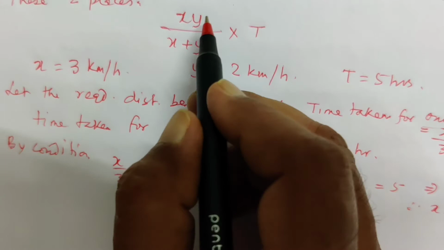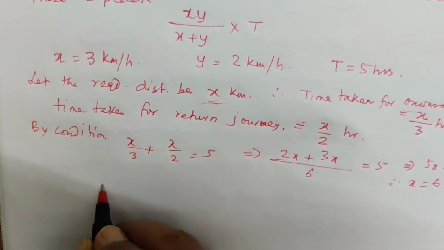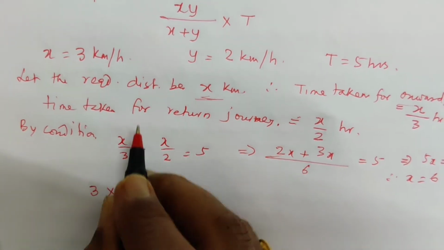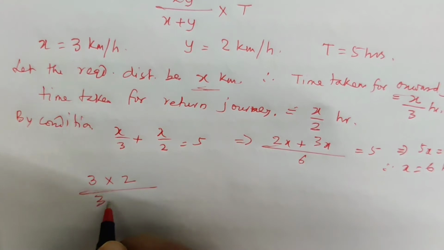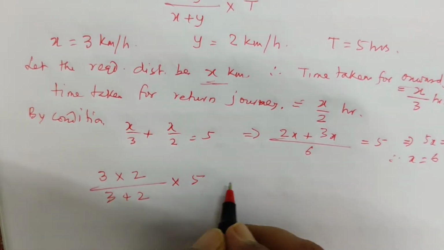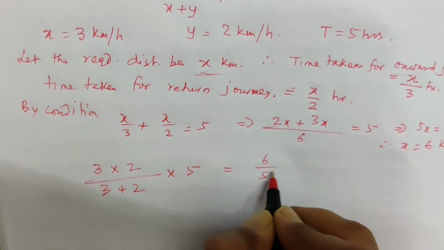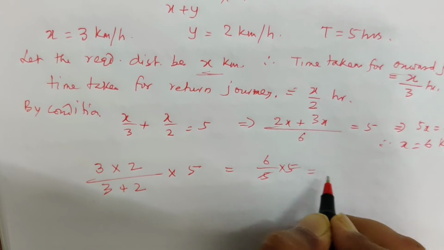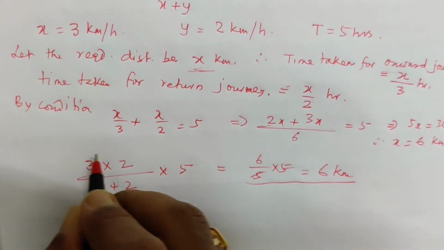Now by this shortcut process you can easily do it. Now x given is 3, y is 2, so xy by x plus y into time. Now what it is, 3 2s are 6 by 5 into 5, that is equal to 6 kilometer. Only this much.